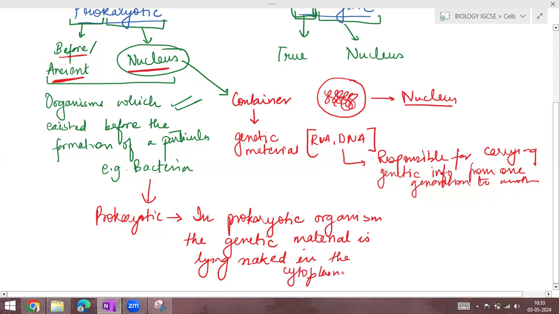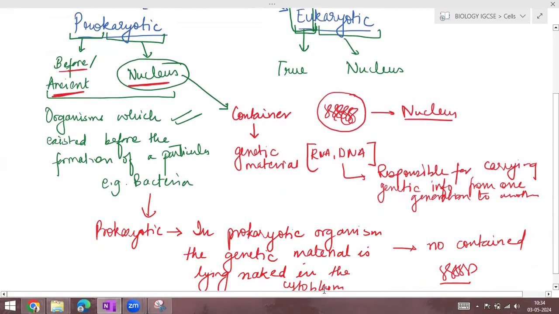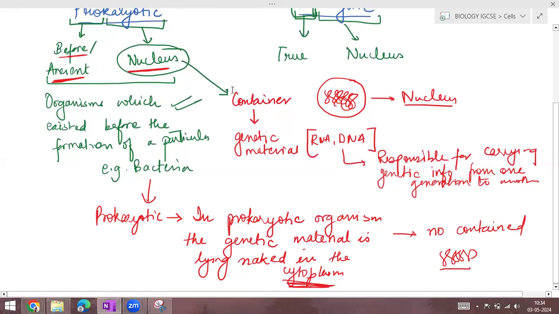What is the meaning of naked? Naked means that there is no container present. It's just lying like that. And if you don't know about cytoplasm, we'll shortly look into what cytoplasm is. So I hope this prokaryotic thing is clear.